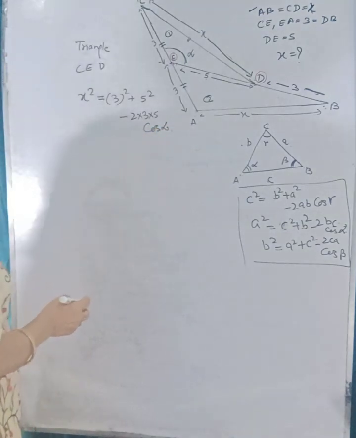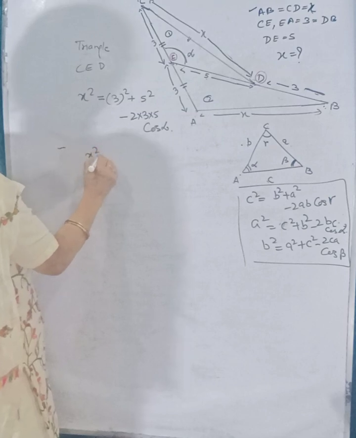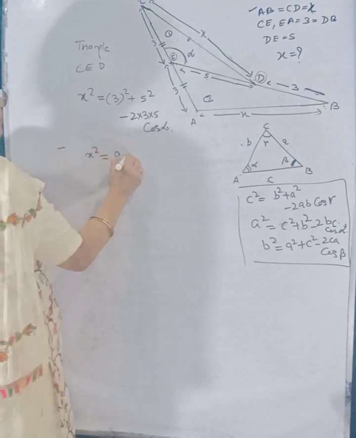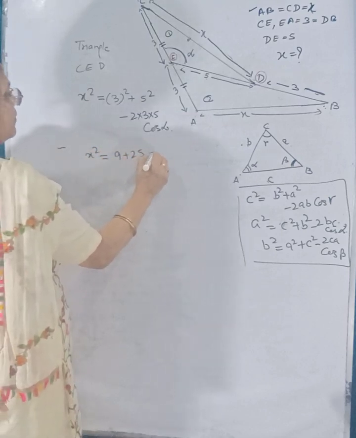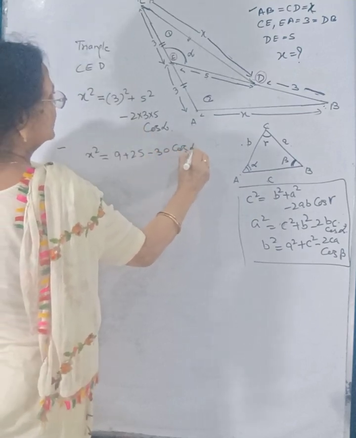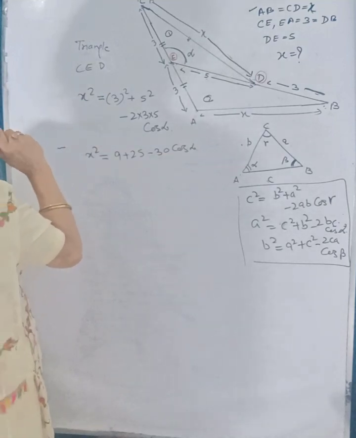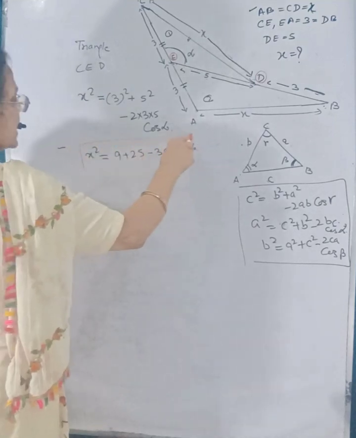This is the first equation: x square is equal to 9 plus 25 minus 30 cos of alpha.